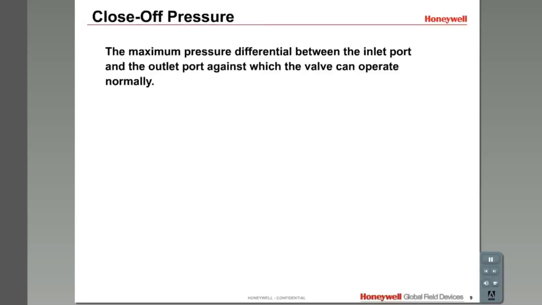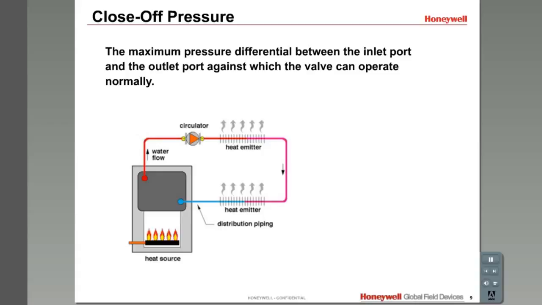When a valve is closed, there is higher pressure on the pump side than on the other side of the valve. This pressure is caused by the circulating pump and is measured between the inlet and outlet of the valve. Close-off pressure is a maximum pressure differential that a valve can withstand in a closed position without exceeding its leakage rating.